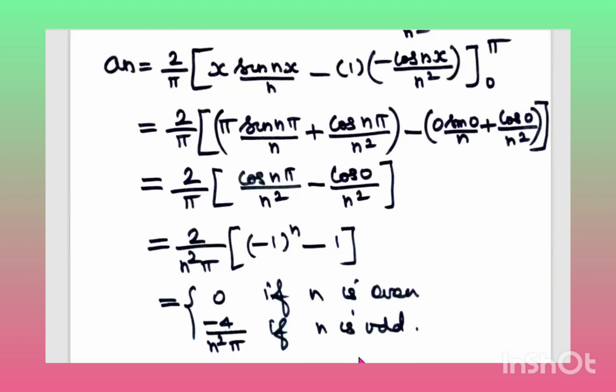Odd means n is equal to 1, 3, 5, 7, etc. Because 1 to infinity includes 2, 4, 6, and for even numbers it will be 0. So that's why you have to write only odd numbers. So thank you all.